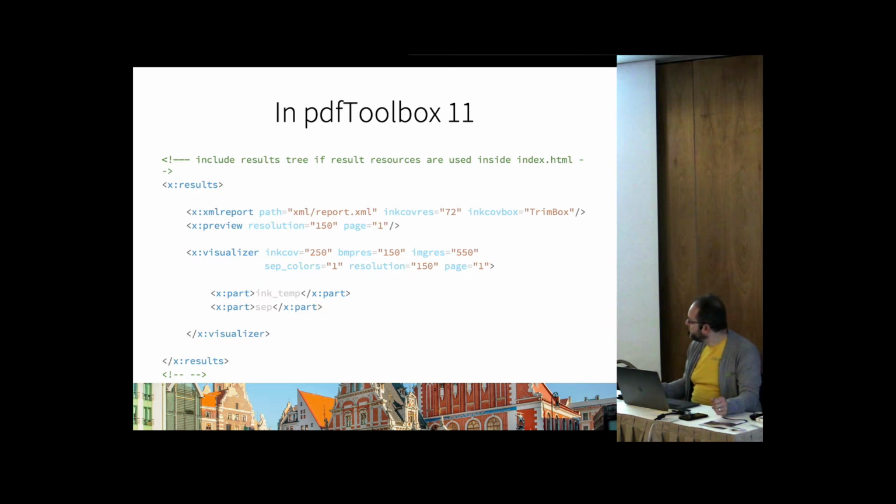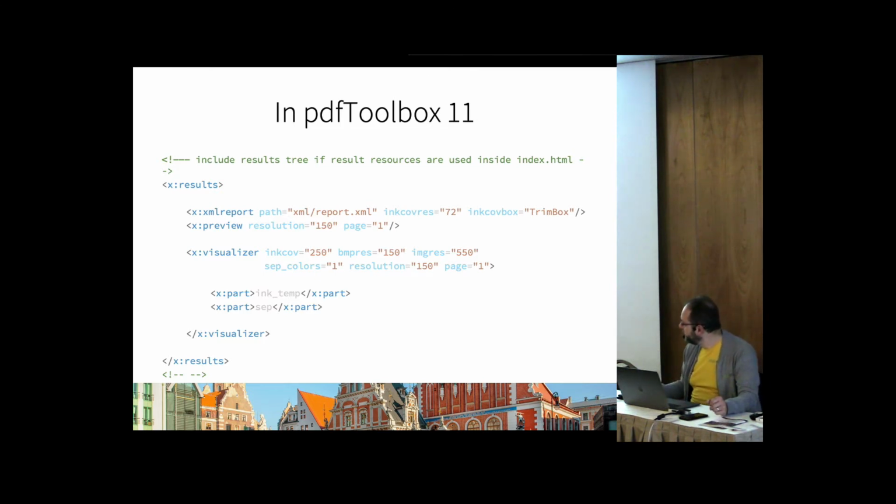So if I specify that visualizer element in that Manifest.xml file, then I can now add part elements in there, and each of these part elements corresponds to a type of image generated by the visualizer.